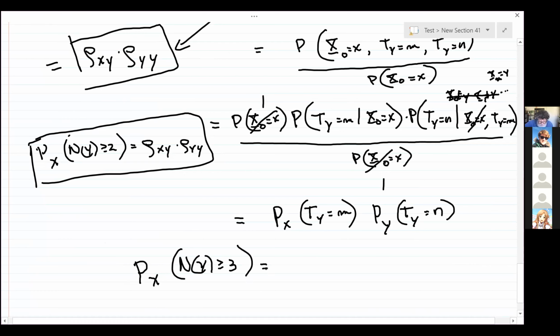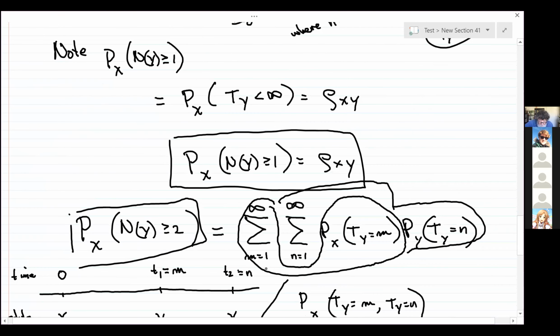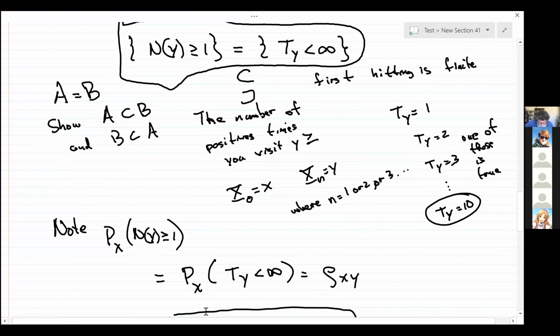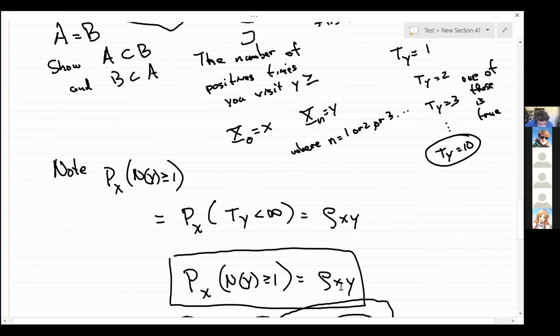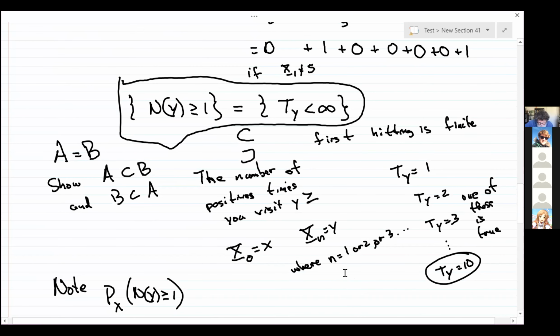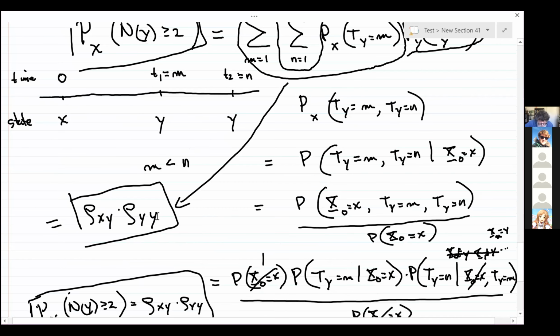We already did 1 or more. That was this thing here. That turned out just to be this, because these two sets were the same. And then we just did the chance of visiting Y twice or more, which worked out to be this.